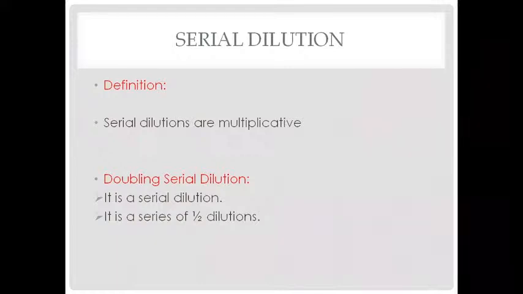So serial dilutions, these are multiplicative dilutions that you can have. For example, 1 to 10, 1 to 100, 1 to 1000, and so forth. It's just arranging your tubes, maybe 5 of them. To each tube, add 1 ml. But remember the original tube, you are picking like 1 ml or 10 microliters and then 9 mLs.